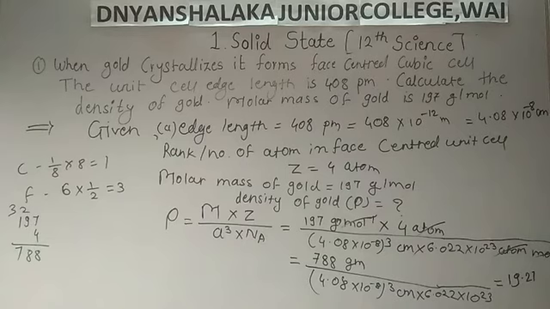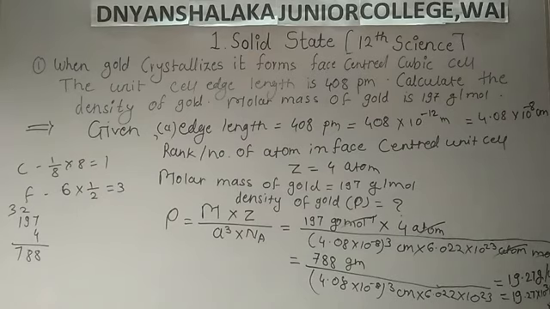On calculation, you have to solve this and we get the final answer 19.27 gram per centimeter cube. So we convert this value into kilogram: 19.27 into 10 raised to 3 kilogram per meter cube.